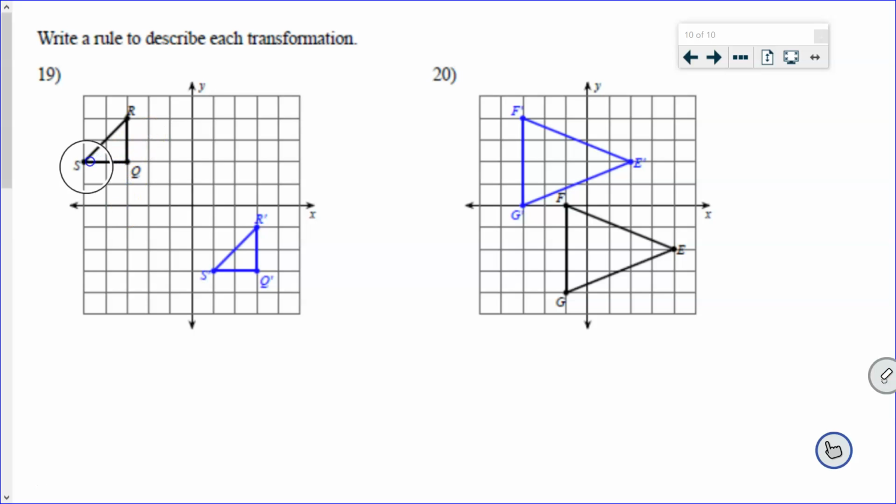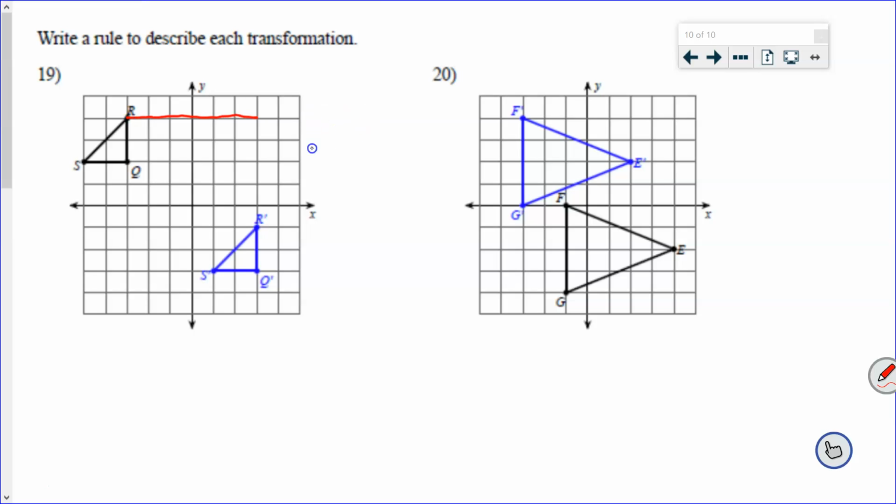And this is triangle SQR. This is triangle S prime, Q prime, and R prime. So this one is the original. This one is the new one. See that? Okay, so how is it changing? R is going over to the right. 1, 2, 3, 4, 5, 6.